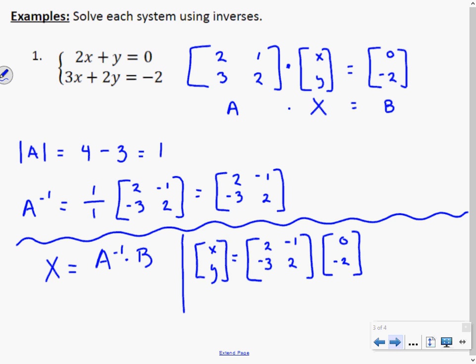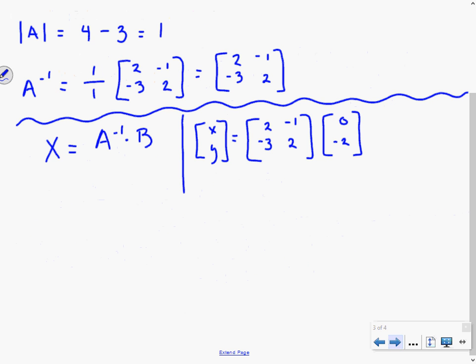So now this boils down to us just multiplying two matrices together. If we multiply this 2 by 2 matrix with a 2 by 1, the result is going to be a 2 by 1 matrix.